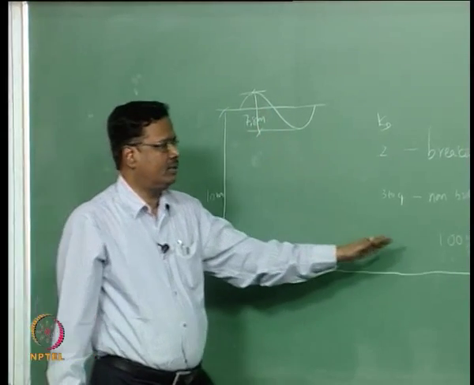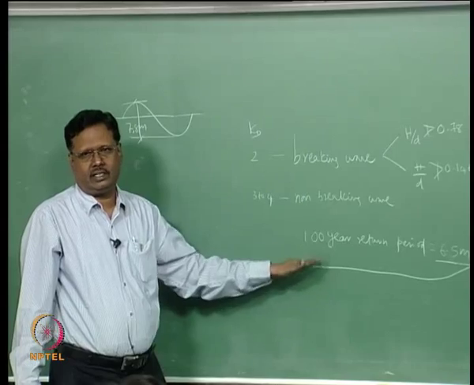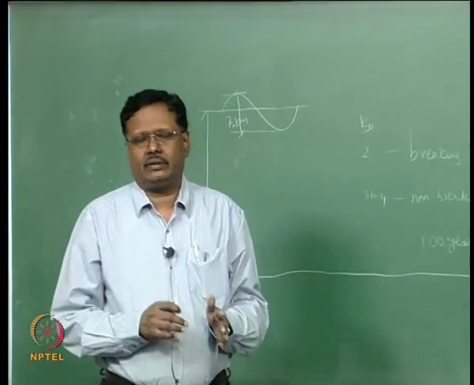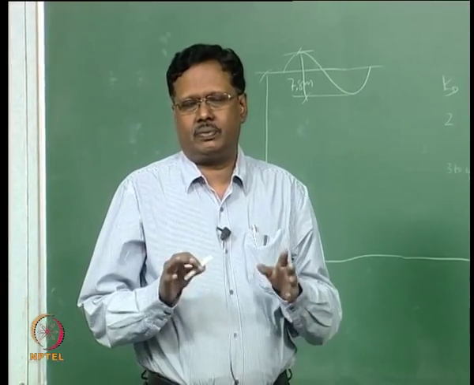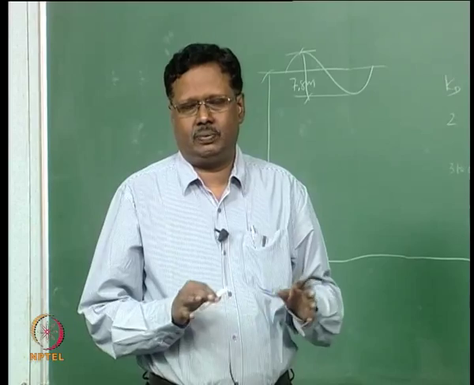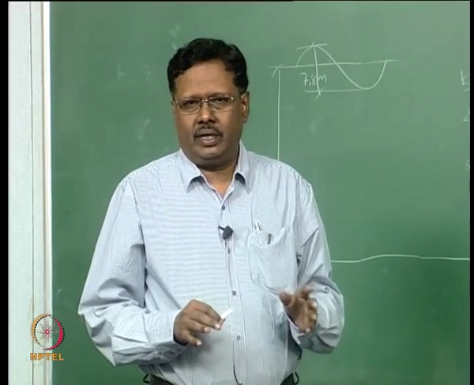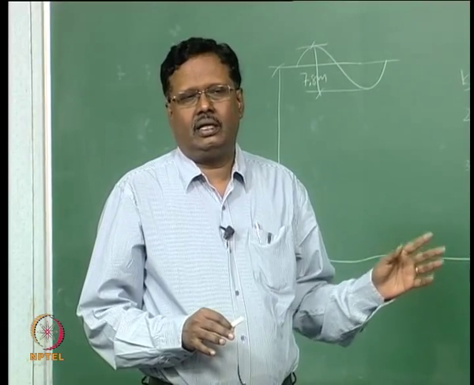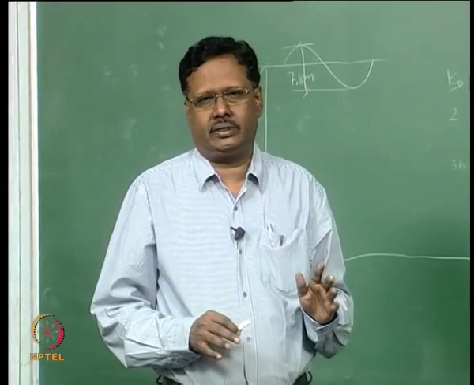Then we have to use the 100-year return period wave of 6.5 meter. Is it clear that for this particular site at Gopalpur, the 100-year return period wave is 6.5 meter? The 6.5 meter wave when it comes will break in water depths of about 8 meters. A lesser wave of 4 meter comes, it will break in a water depth of 5 meters.